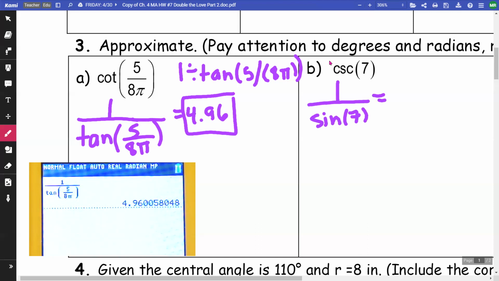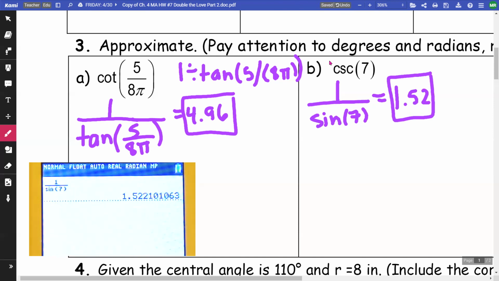That is in radians because they don't have a degree symbol there, so my calculator's in radians. I type in 1 over sine of 7, and I end up getting 1.52 as my answer.